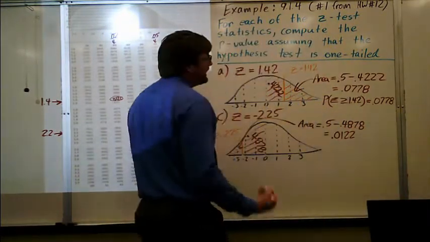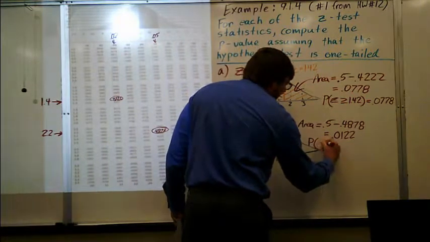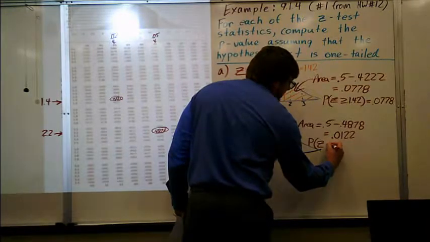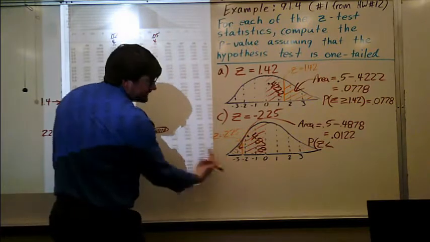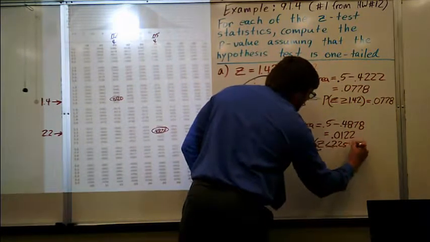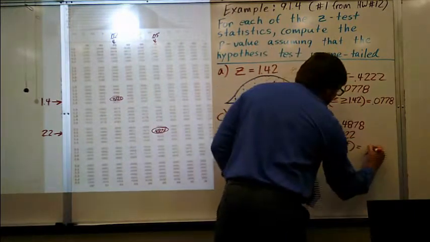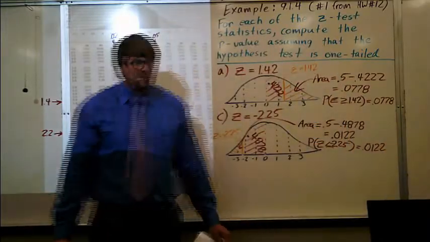So again, that represents the probability of getting a z-value that is less than or equal to, because more extreme in this case would be less than, negative 2.25, which is equal to 0.0122. And there we got it.